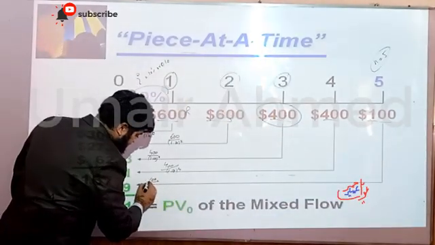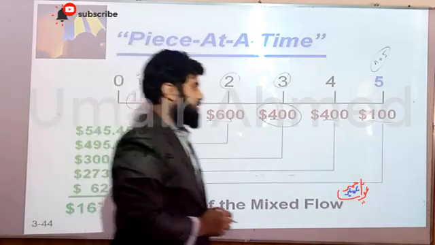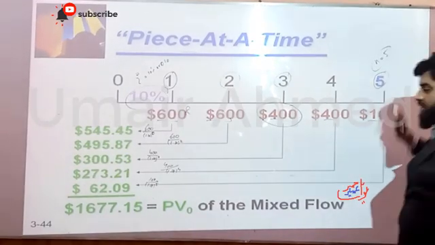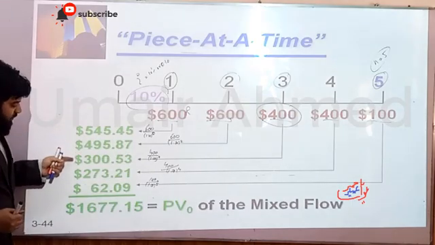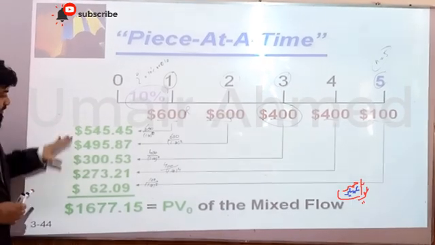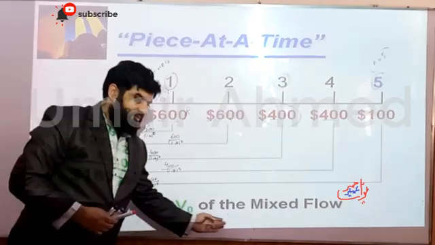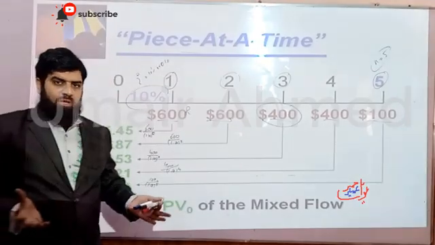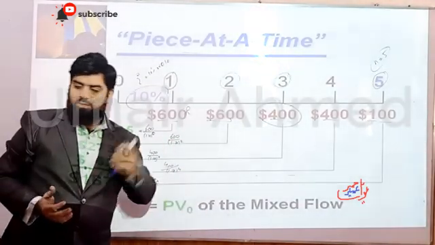So 100 divided by 1.10 to the power 5, because it's the last year's cash flow, which is year 5. So when you calculate the present value of each cash flow, you have to sum them, and that is the present value of the mixed cash flow. Okay, so this is the method through which you can calculate the present value of a mixed cash flow.